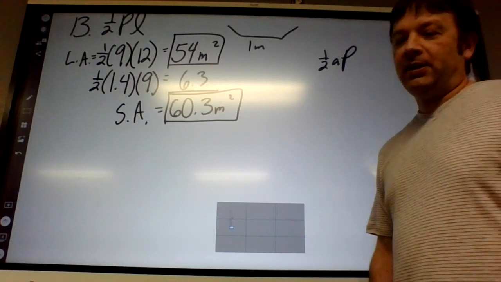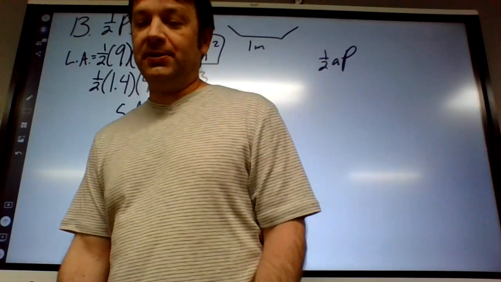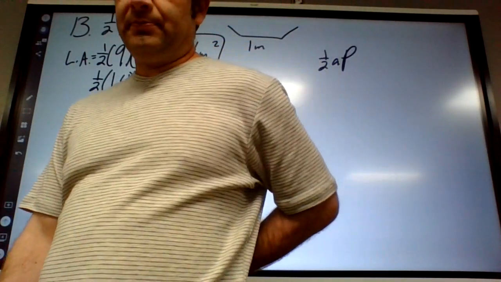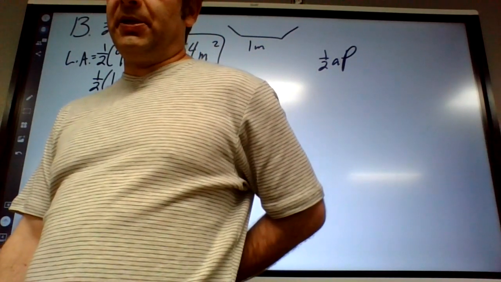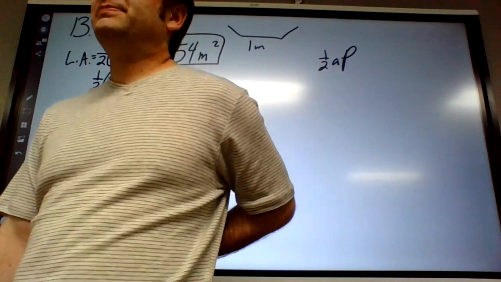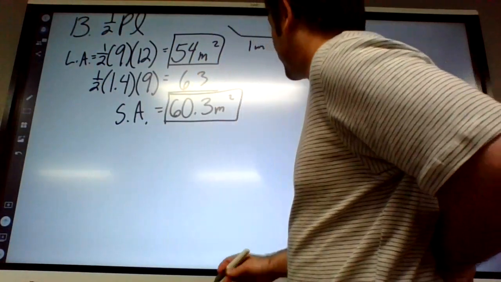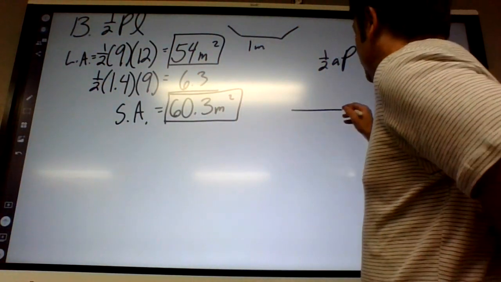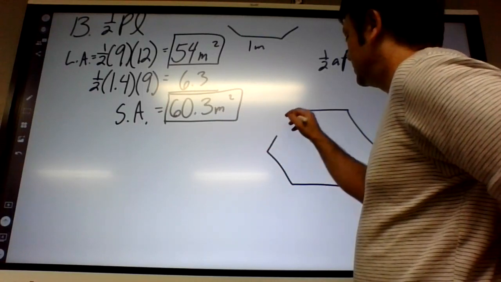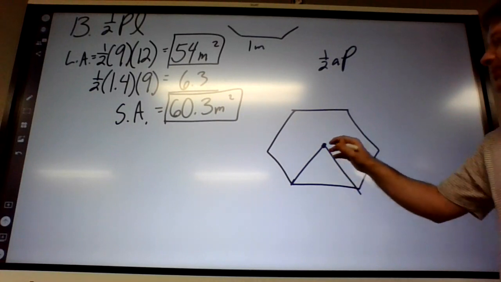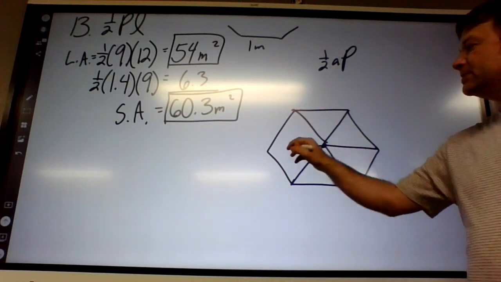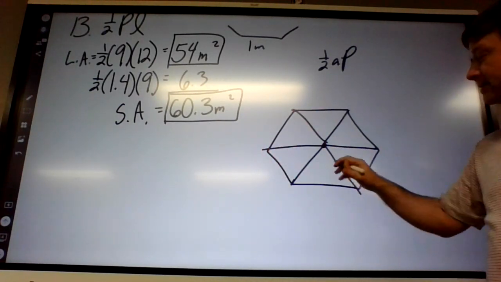Okay, on 14, they do not tell us the apothem. But they do tell us it's a hexagon. Just 6 sides. And the thing about hexagons is when you split them up, it's going to be a 60-degree angle.